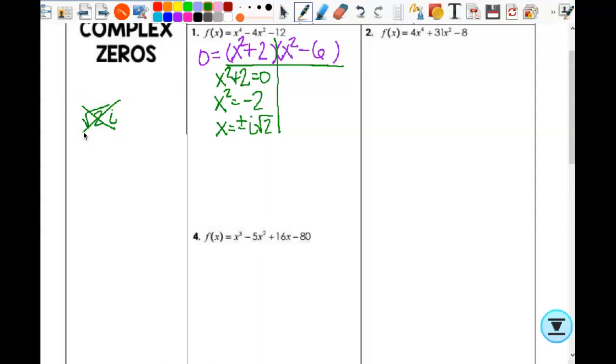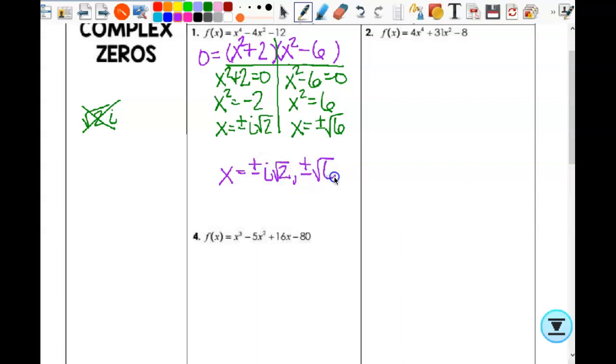And then here, x squared minus 6 equals 0. So x squared equals 6. So x equals what? Plus or minus square root of 6. Do I need an i on that one? No. So overall, my zeros are plus or minus i times the square root of 2 and plus or minus the square root of 6.